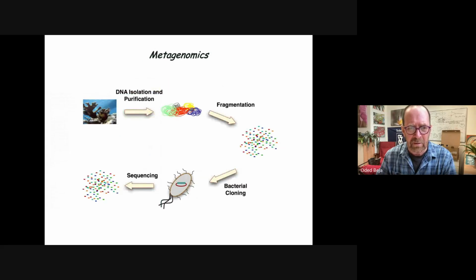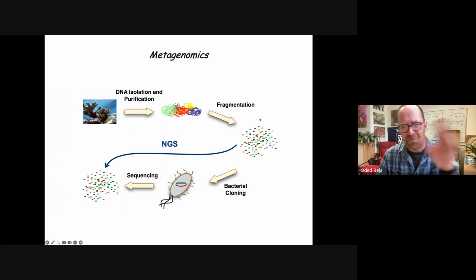Another approach, or another two approaches, is doing this kind of metagenomics, going to a certain environment, collecting DNA, and then chopping it into small pieces, and then cloning it into E. coli, and then massive sequencing. And lately, most people are using different methods of sequencing, Illumina and others, sequencing directly from the environment or after a small process without the problem of cloning into E. coli.